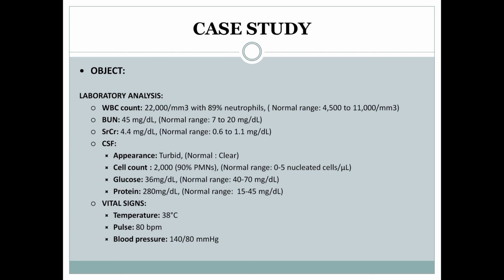Cell count is 2,000, glucose is 36 mg per dL, which is less than the normal range, and protein is 280 mg per dL, which is more than the normal range. Now vital signs show temperature is 38 degrees Celsius, pulse rate is 80 bpm, blood pressure is 140 by 80 mmHg.